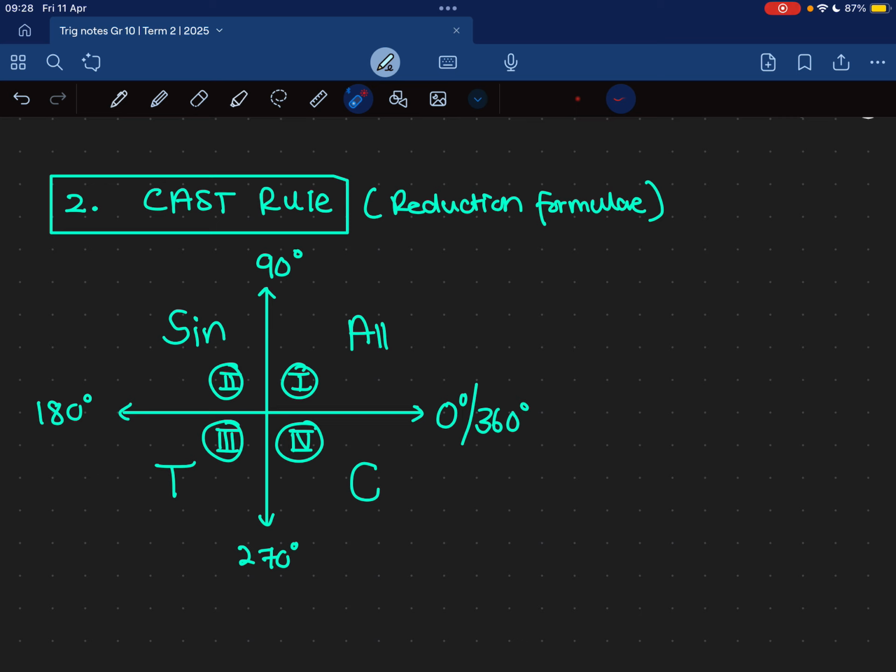So sine is positive in 2 quadrants, the all and its own quadrant. Then the T is for the tan function, which means that tan is positive in the third quadrant and also in the all quadrant. And the last one is for cos, which means that cos is going to be positive in the fourth quadrant and also in the all quadrant, the first one.